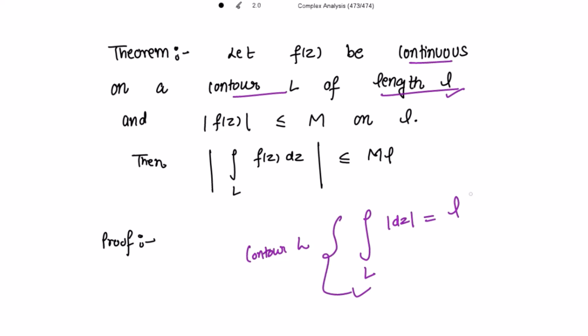Second, it is given that mod of f(z) is less than or equal to capital M on the contour, right? Then we have to show that the mod of the integral of f(z) is less than or equal to capital M into l. Capital M here is a constant.